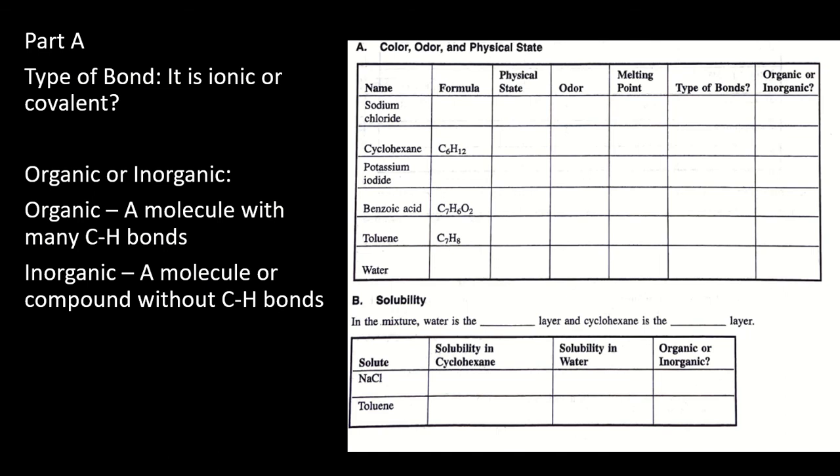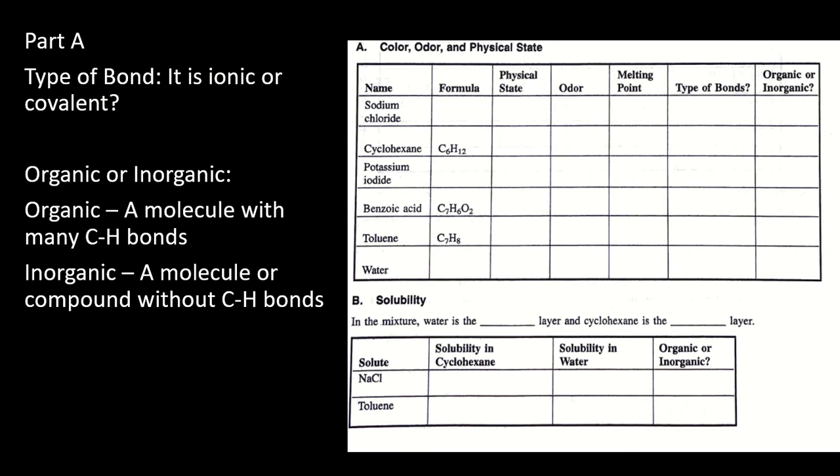Something is organic if it consists of a lot of hydrogen-carbon bonds. So if there's a lot of carbon bonded to hydrogen, there can be other elements like oxygen as well, but as long as there's a lot of hydrogen-carbon bonds specifically, then you're using an organic compound.